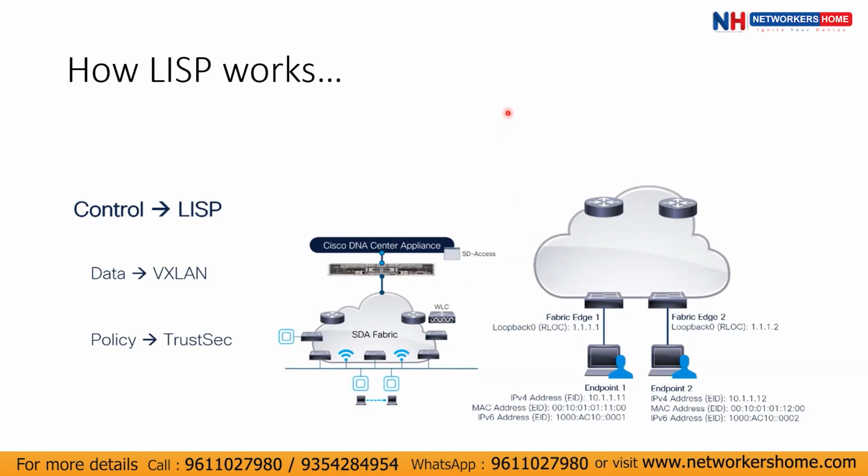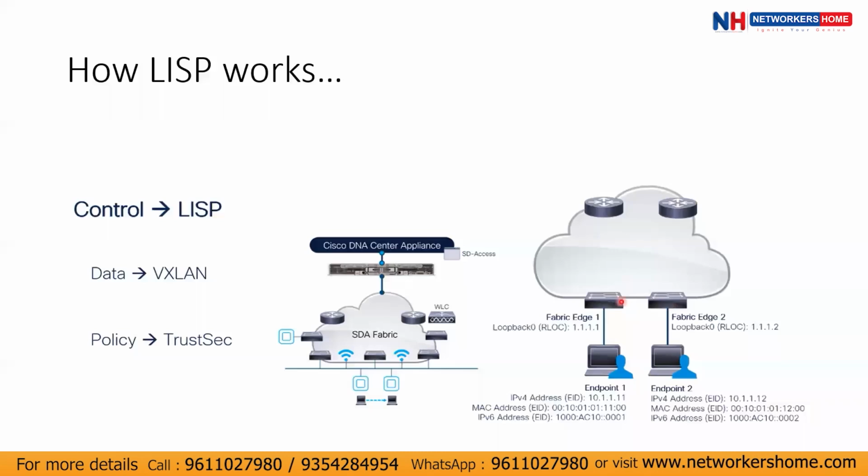When we are using LISP, we are separating the identity of the endpoint from the RLOC, the remote location. The remote location would be any fabric edge, whoever is part of the fabric should have an RLOC address. Mostly in SDXS, the RLOC address is the Loopback 0 address, which is the internally reachable IP address. This loopback should be reachable to the fabric edge 2 loopback.